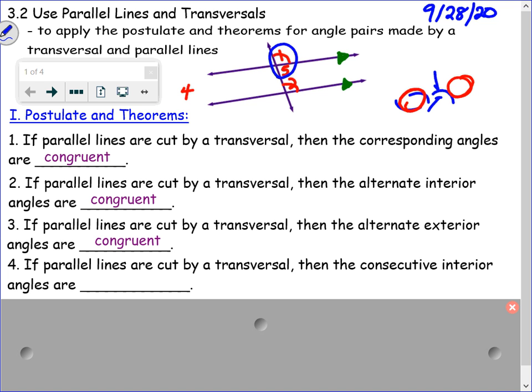So if 1 and 5 add up to 180, and I substitute angle 1 with angle 2 because they were congruent, they were the same, then that means angles 2 and 5 also are supplementary. So again, do I want to keep writing all of that? No, there's a theorem that says if parallel lines are cut by a transversal, then the consecutive interior angles are supplementary.